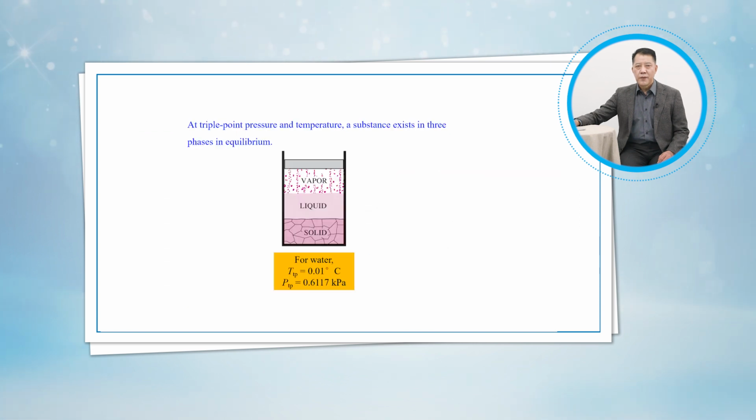For water, the triple point temperature and pressure are 0.01 degrees centigrade and 0.6117 kilopascal, respectively. That is, all three phases of water coexist in equilibrium only if the temperature and pressure have precisely these values.